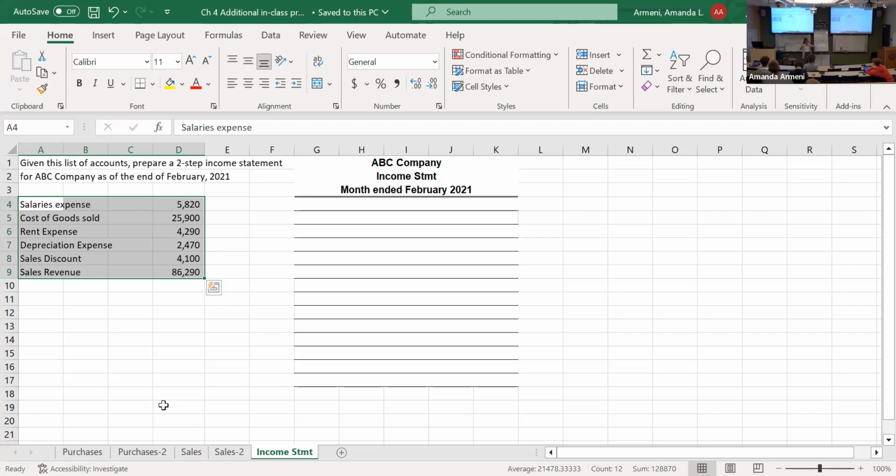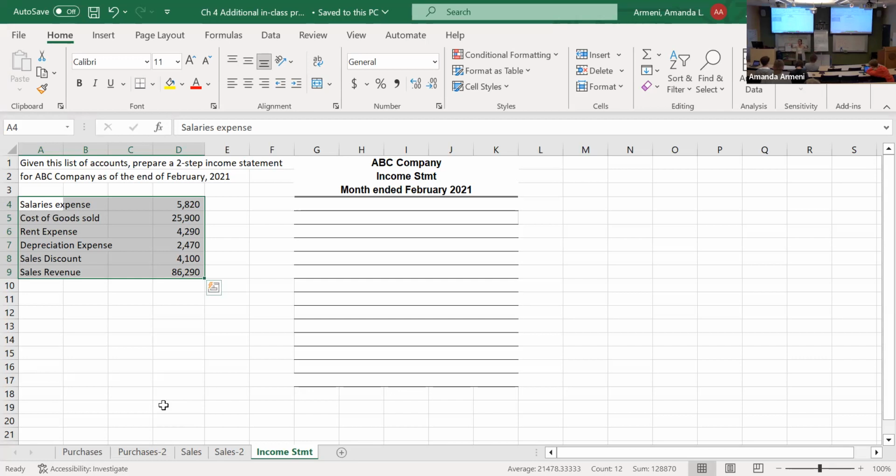So take 5 minutes and try to use those accounts to prepare an income statement, okay? After 5, if you don't get done in 5 minutes, that's okay. We'll come back together. We'll work through the solution. That'll be the final thing that we do for class today, okay?